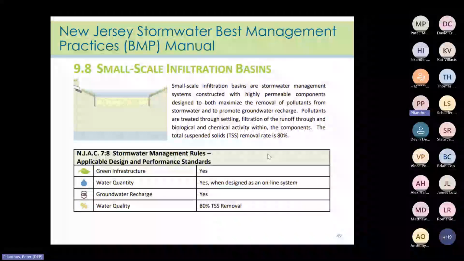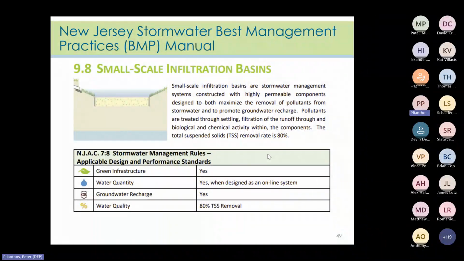This is where you see the icons we discussed earlier for each of the design and performance standards. If you are not familiar with the BMP, this is a good place to become acquainted with how the BMP complies with the rule requirements.